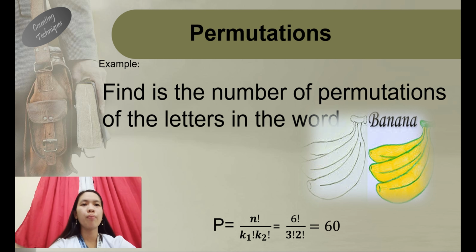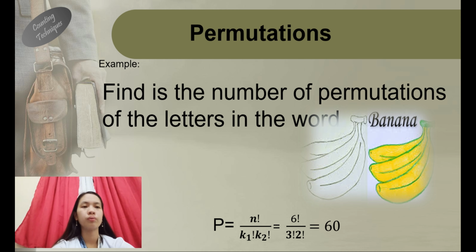So we have another example. What is the number of permutations of the letters in the word BANANA? We have 6 letters in the word BANANA, with 3 A's, 2 N's, and 1 B. So we're going to use the formula P equals n factorial over k sub 1 factorial times k sub 2 factorial, which is equivalent to 6 factorial divided by 3 factorial times 2 factorial.